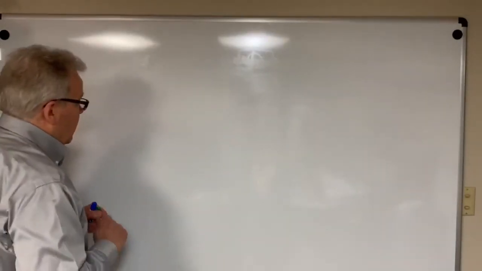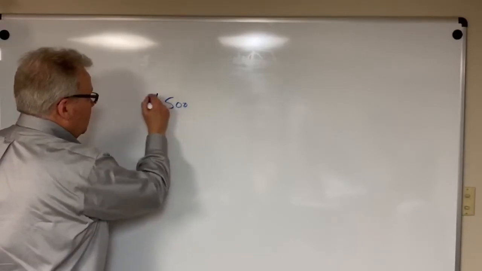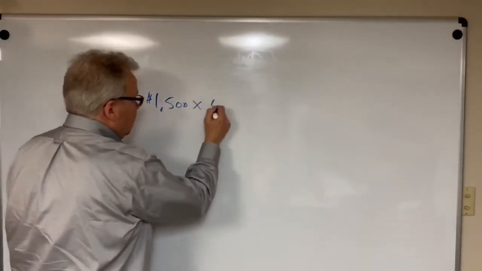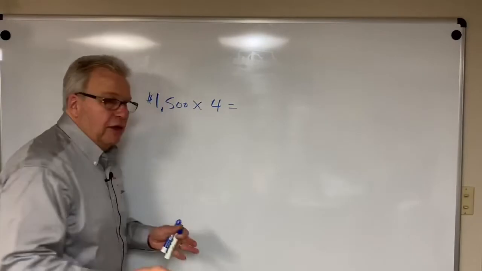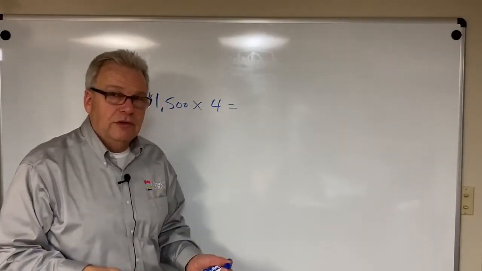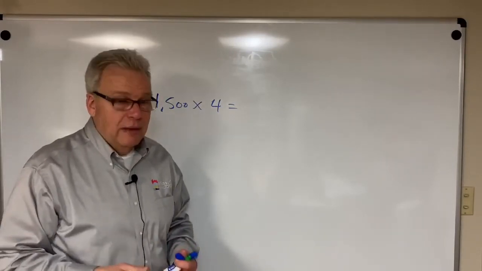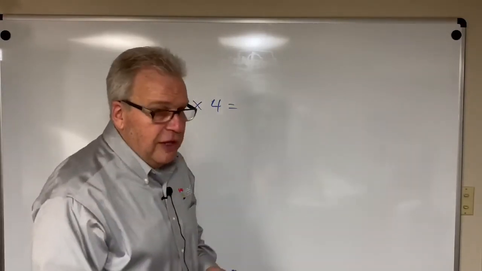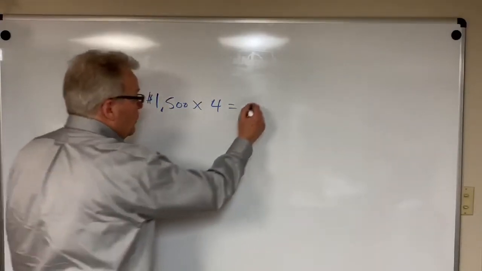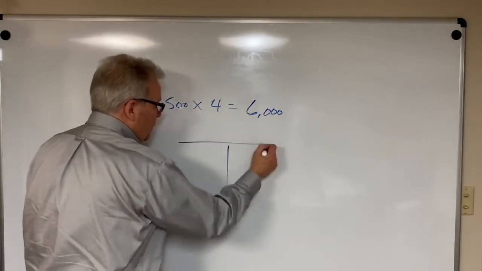Now, if you're making $1,500 quarterly payments, we know we have to take that times 4, because whenever we're using our T problems with interest and mortgages, we have to convert everything to annual numbers. So 1,500 times 4 equals $6,000.